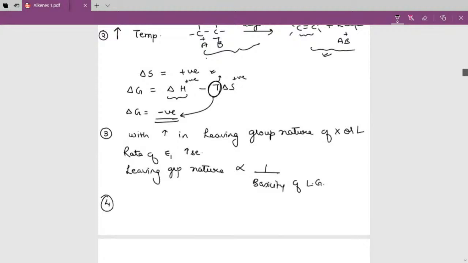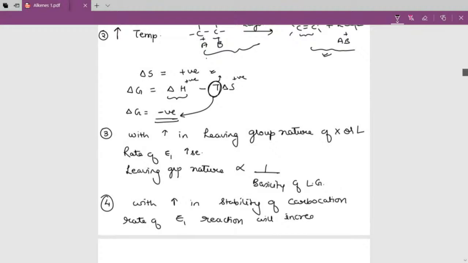Next, again in the RDS, there was a formation of carbocation. So I can say that with increase in stability of carbocation, rate of E1 reaction will increase.